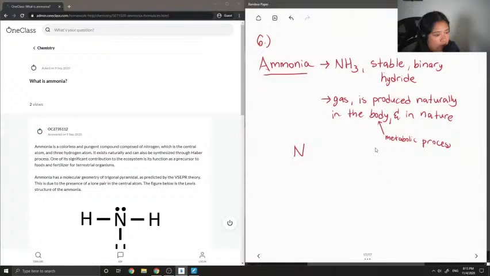We can also draw out its Lewis structure, just showing that there are 3 hydrogens, and you'll also notice that it has a lone pair.